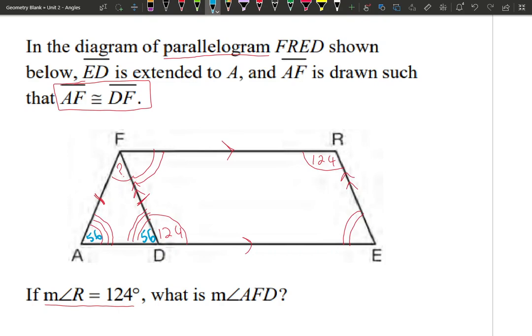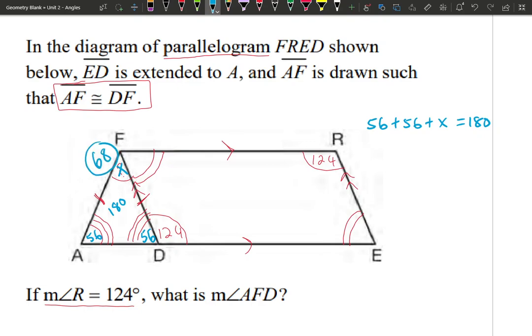Now, the three angles in the triangle always sum to 180 degrees. So how much is this missing angle? Let's call it x. We could say that 56 plus 56 plus that missing angle x is equal to 180. Now, you don't have to do it with this equation. You could have simply added 56 and 56, which is 112, and subtracted that from 180, and you'll get 68 degrees.